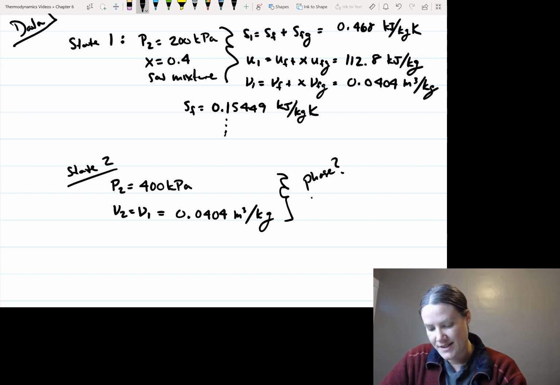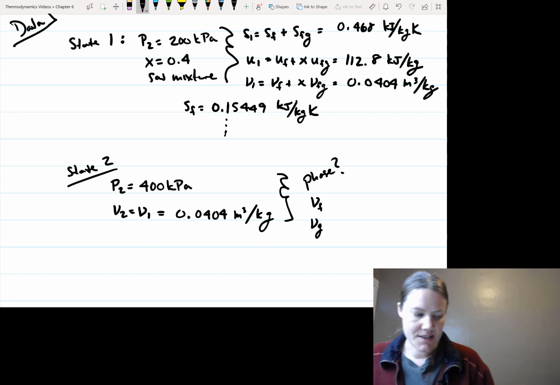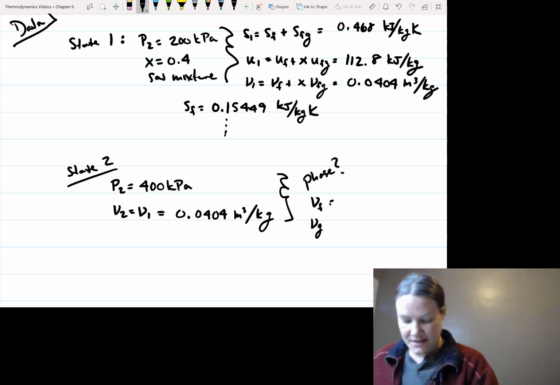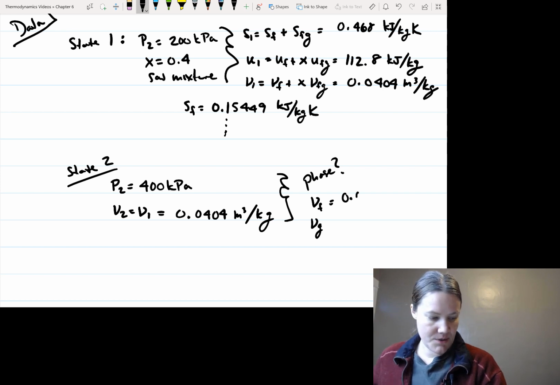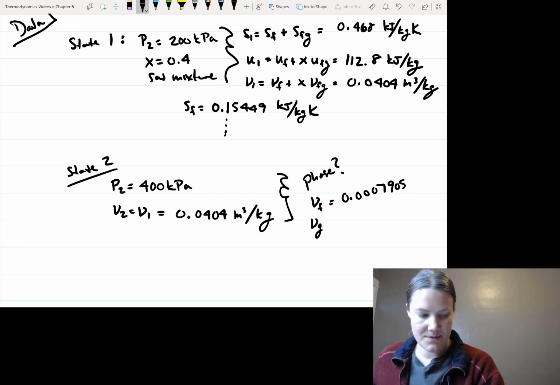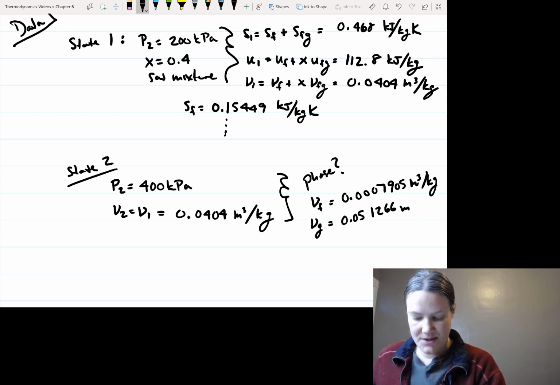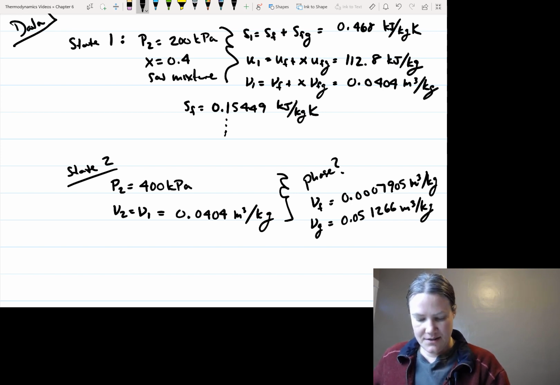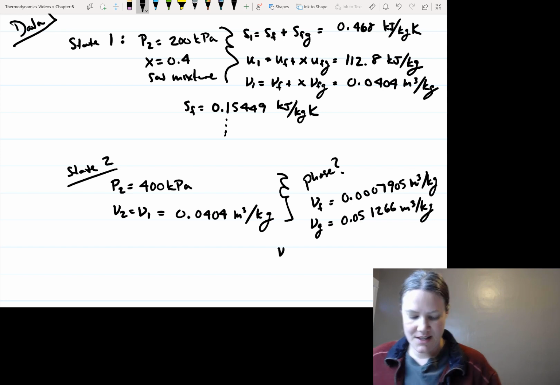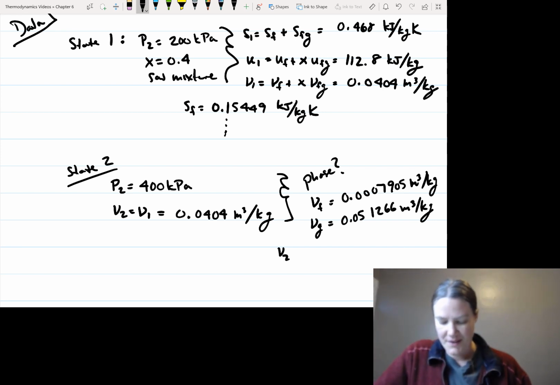What we're going to do is look up VF and VG at this pressure. So VF is 0.000795 meters cubed per kilogram, and VG is 0.051266 meters cubed per kilogram. Then we can just look at where V2 falls within these.